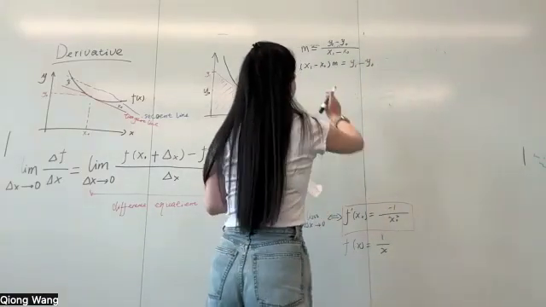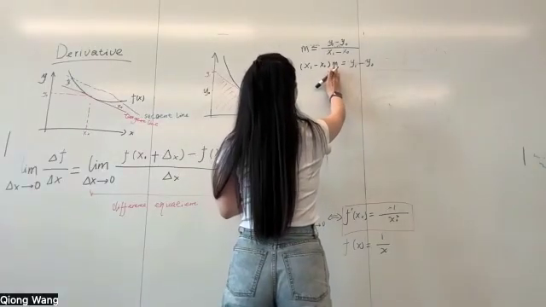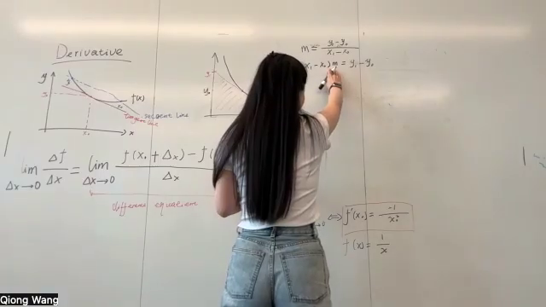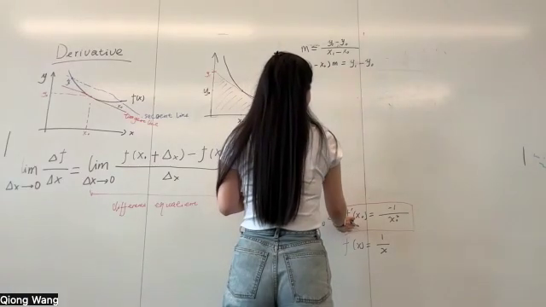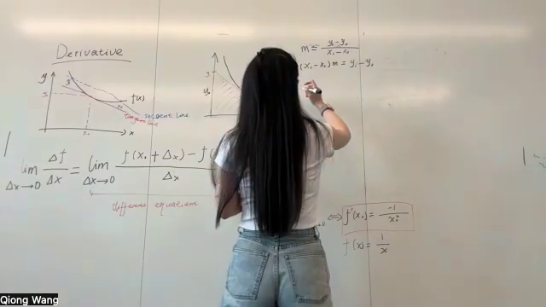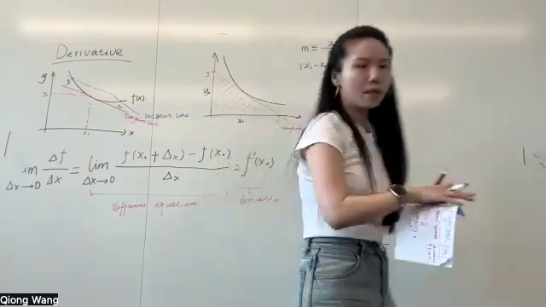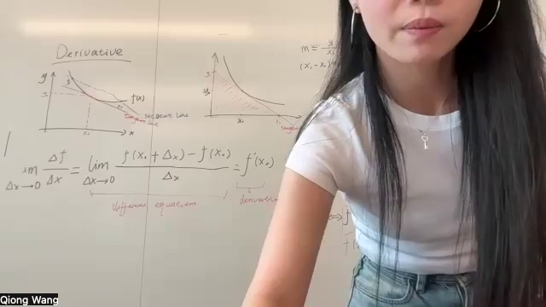And we all know the slope of this tangent line, this is f prime x0. So we can write the equation like this.